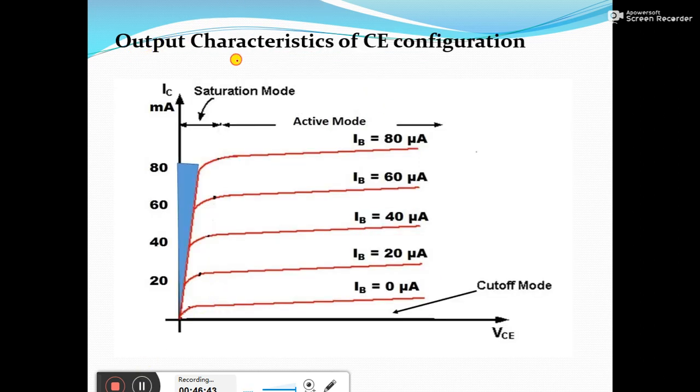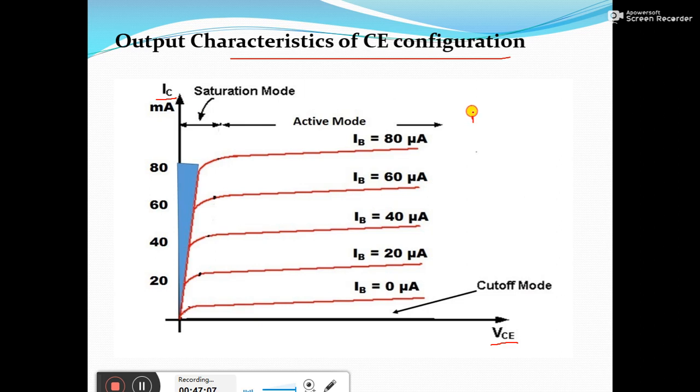Next is the output characteristics of transistor in CE configuration. Here we will be plotting a curve for different values of IC against the VC value at constant input current, that is IB. So IB is kept constant. For different constant IB values, we will be plotting IC versus VC.